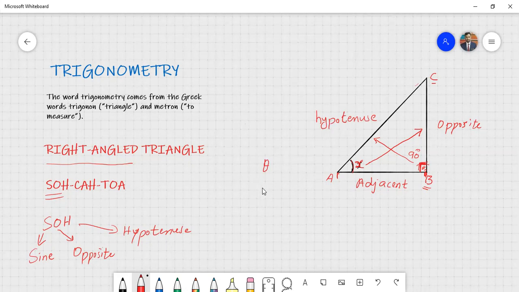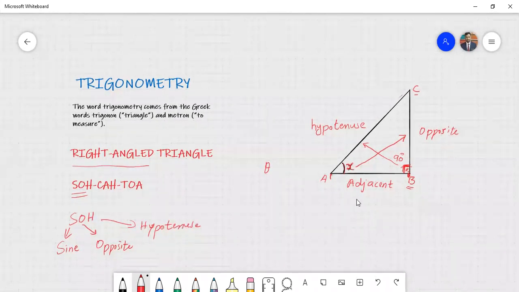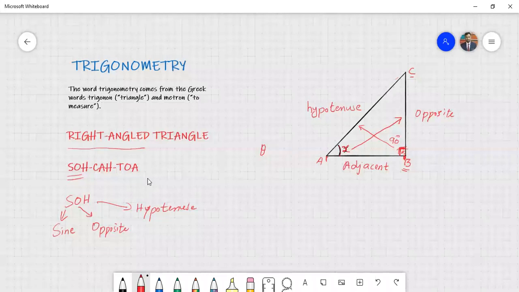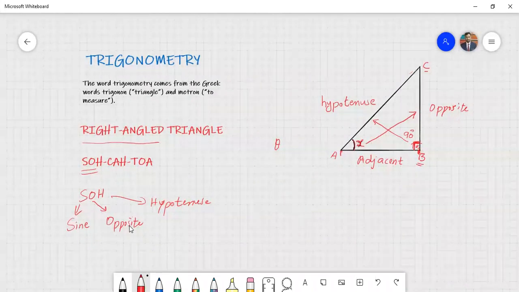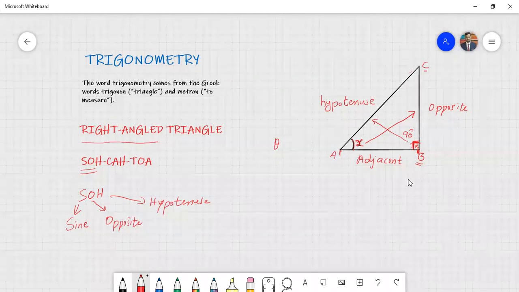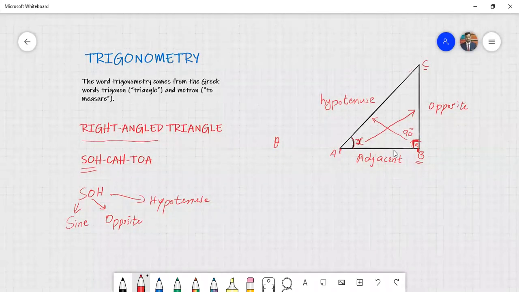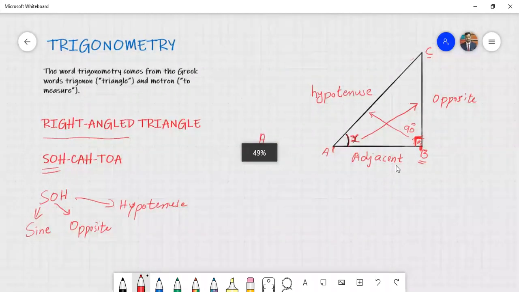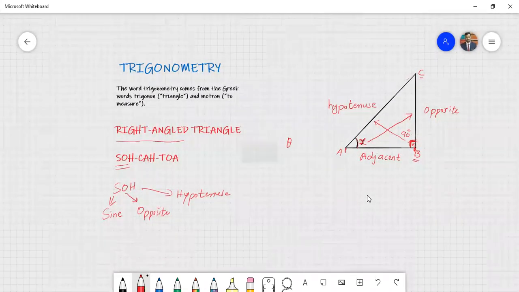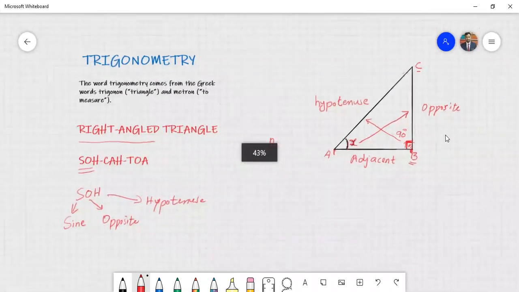SOH means sine, opposite, hypotenuse. These are the ratios. You must know which side is opposite, which is adjacent, and which is hypotenuse. This is a very simple and easy way to know the sides.